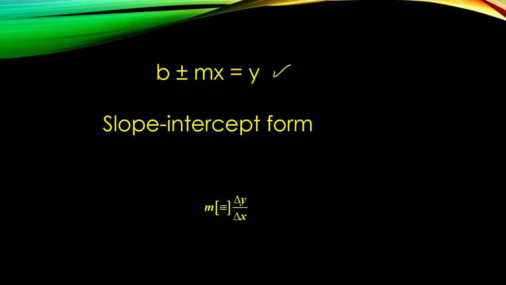Remember that B is going to be on the y-axis. M is called the slope or the rate of change. And remember that the rate of change, M, is defined as the change in y divided by the change in x.